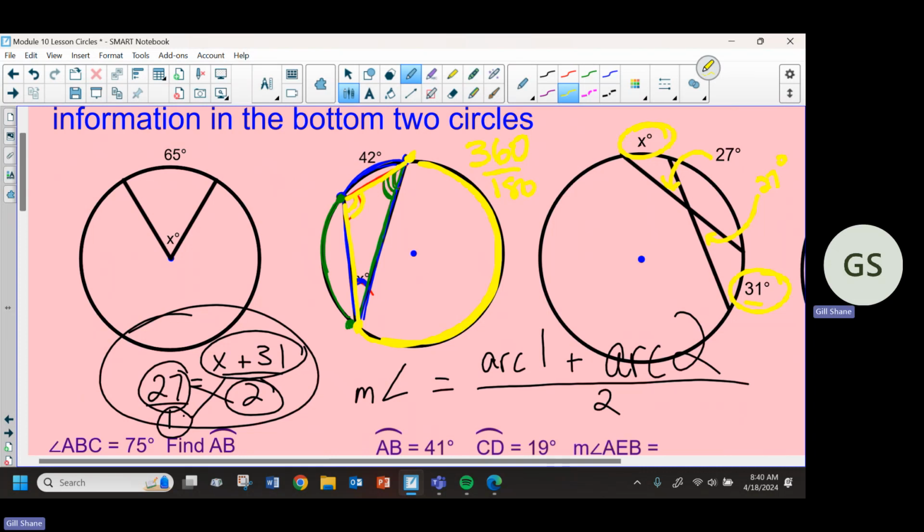So what did we get? I forget. What was it? 54 subtract 31, so 23. So 23 was the measure of this arc right here. I didn't put letters on it, but that arc right there is 23 degrees.